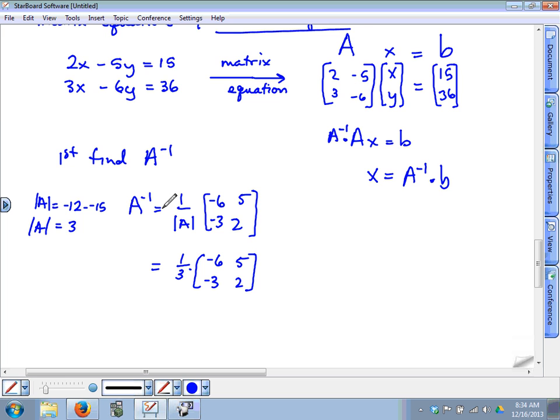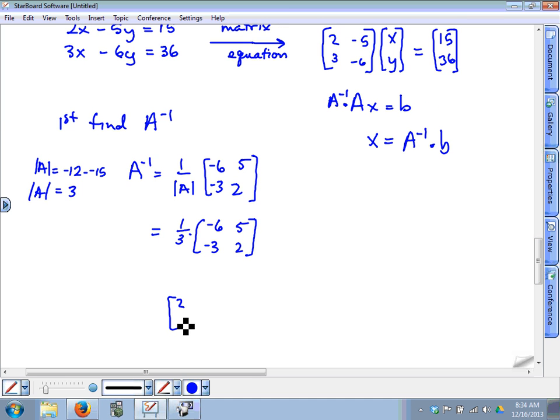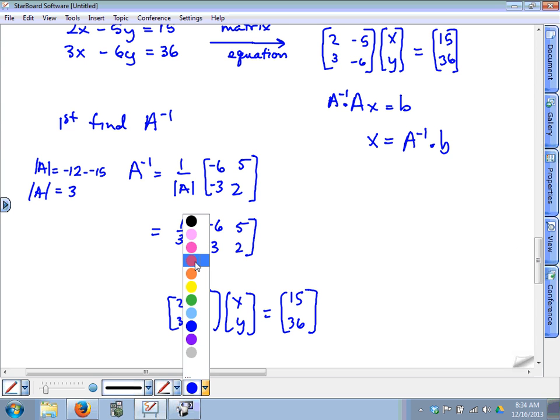Well, what do we do with A inverse? Because here's what we have now. We have the matrix equation, 2, 3, negative 5, negative 6, times the column matrix xy equals 15 and 36. What do we do with this inverse? Multiply on the left side here.